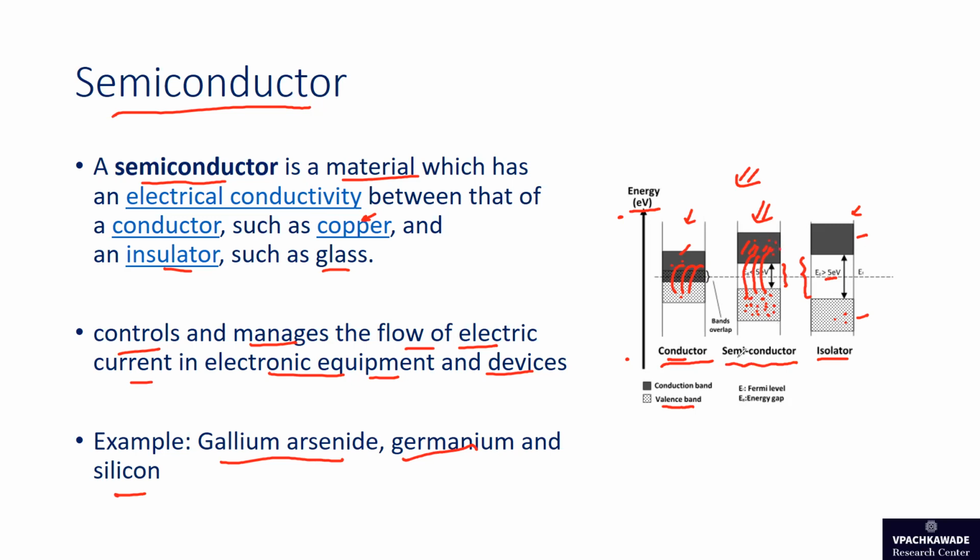This is possible in a semiconductor by means of doping or by means of a temperature increase, which makes the charge carriers jump from the valence region to the conduction region. That's why we can control and manage the flow of electric current in a semiconductor, and that's why they are a great choice to make electronic equipment, devices, circuits, and systems.